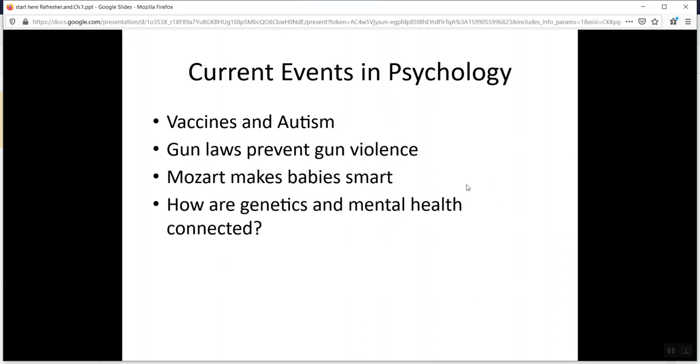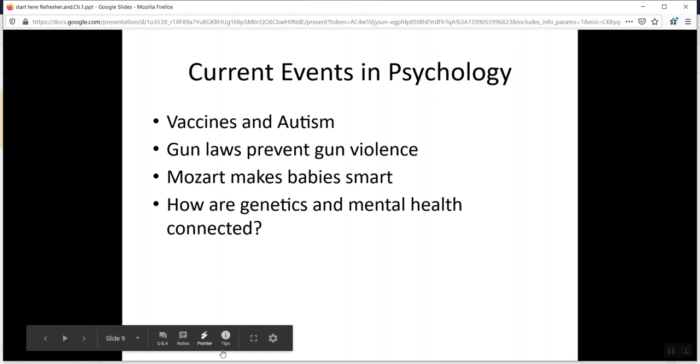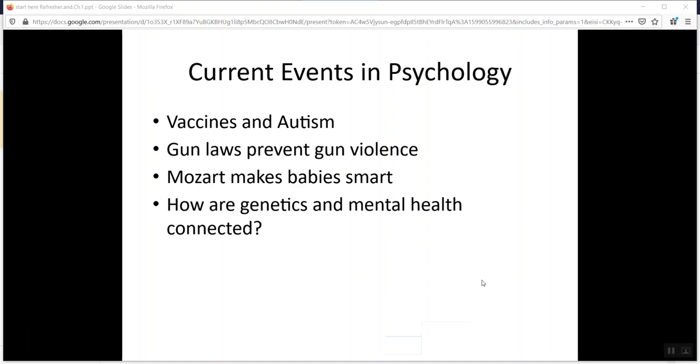So some of the current events in psychology and in popular culture, and you may see in the news, are some questions like, is there any connection between vaccines and autism? And this is something that's been studied extensively in the last 20 years in particular. And I really encourage you to do some research yourself on that.